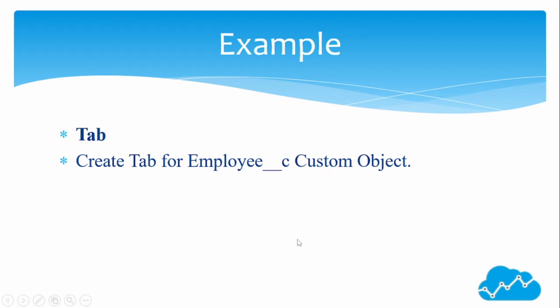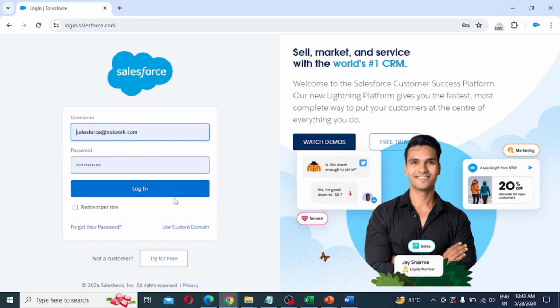So let's see an example of creating a tab for the employee custom object. Let's log into our Salesforce account by providing username, password and clicking on the login button.